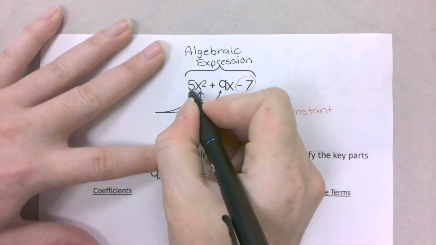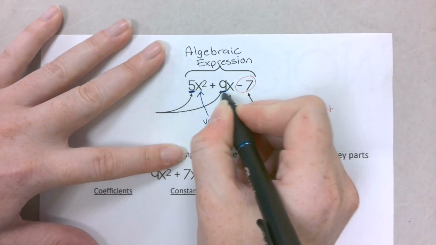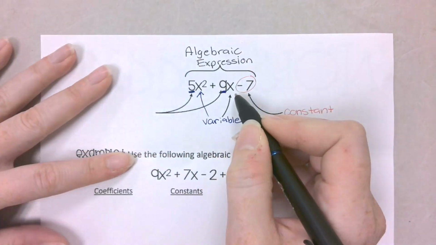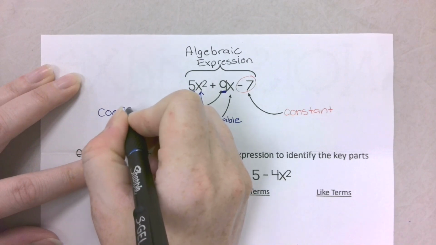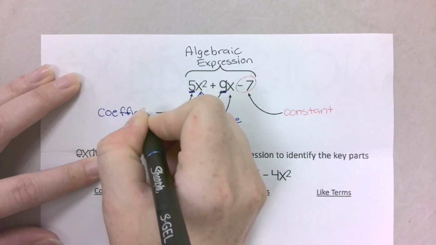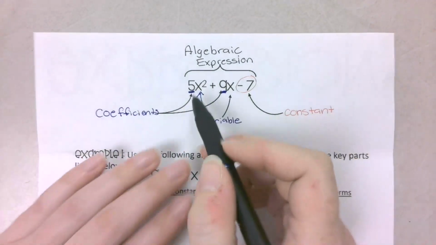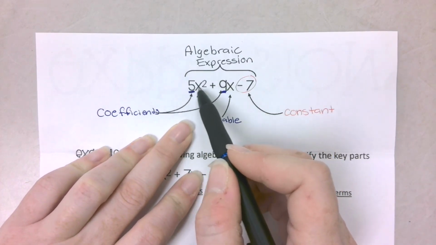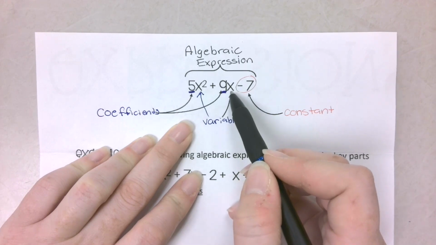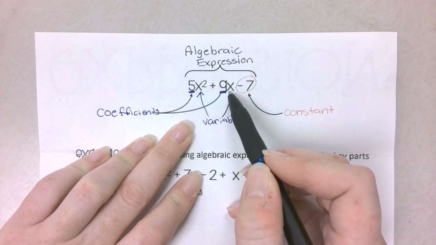Now these guys that are in front of or connected to our variables using multiplication are called coefficients. Coefficients tell us how many of these we have. So here we would say we have 5 x squareds and we have 9 x's, if you think about our algebra tiles.